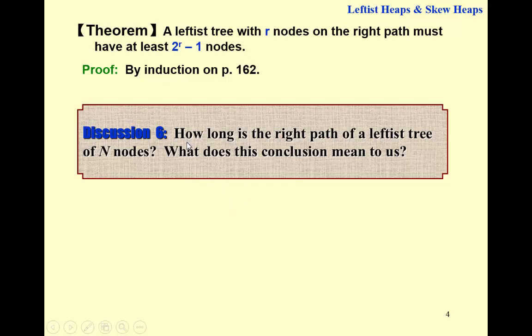So the first question, how long is the right path if we have n nodes? According to this theorem, R is the right path length. If the right path length is R, then we must have at least that many nodes, which means n must be greater than or equal to 2 to the R minus 1.